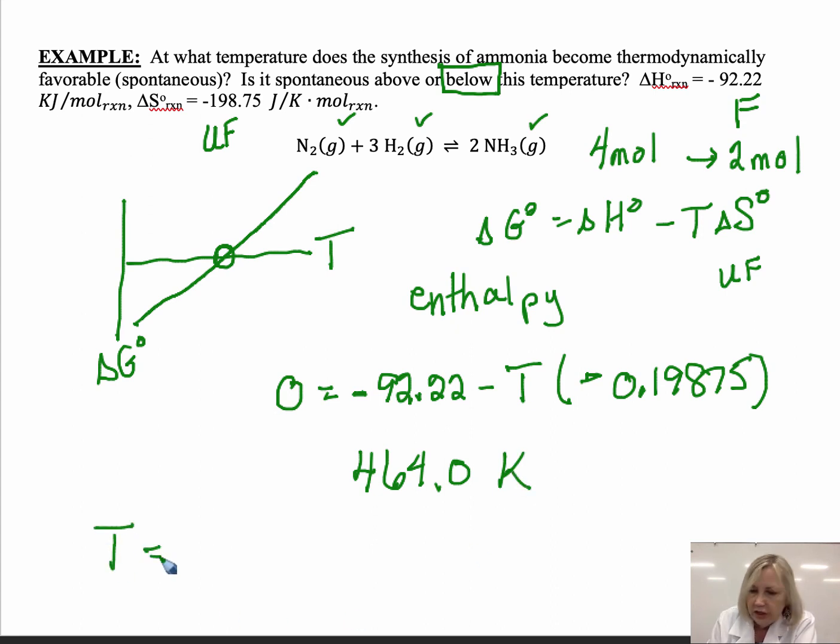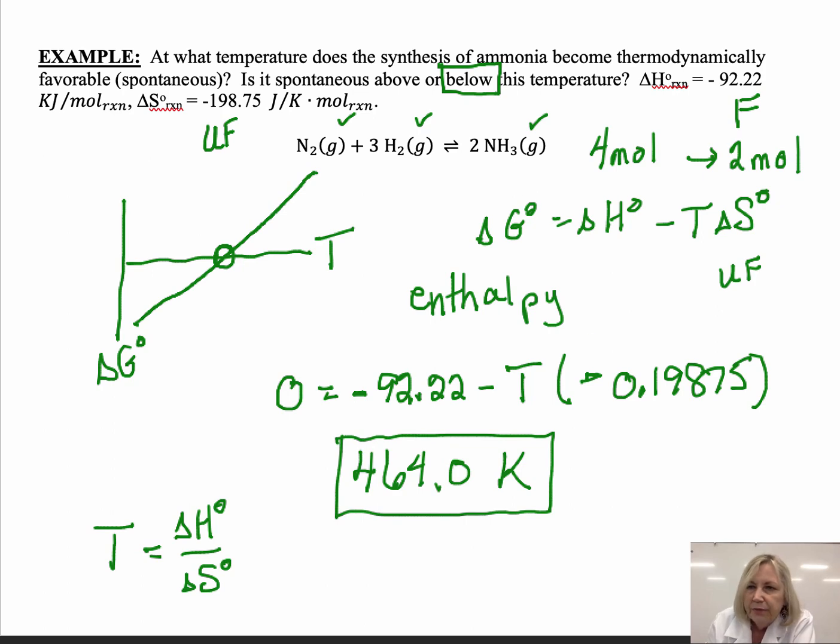If you rearrange that for temperature, temperature is going to equal delta H naught over delta S naught. Just make sure they're the same units, both joules, both kilojoules. So this is that crossover temperature. This would be the temperature that's represented right there when delta G naught's 0. And it's going to become more and more thermodynamically favorable below this temperature.